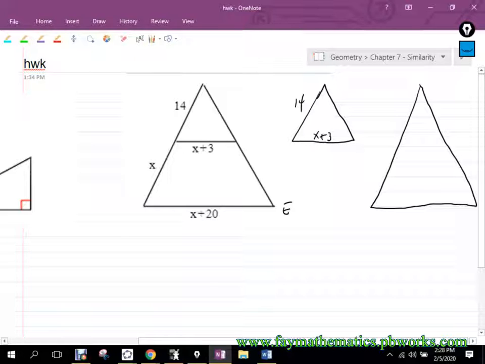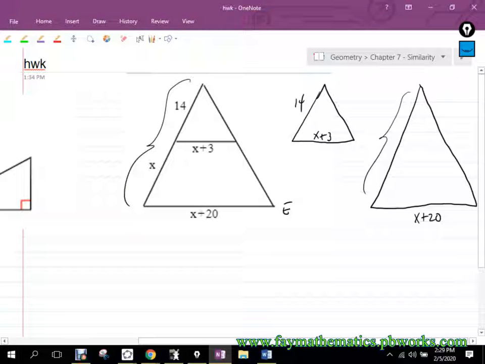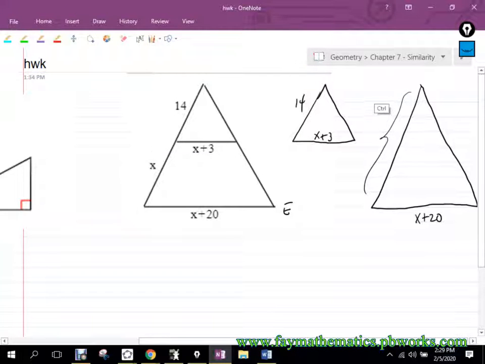So what would I be able to call that distance? Based on this information over here, x plus 14. That's x plus 14, and like this transferred over as x plus 20.